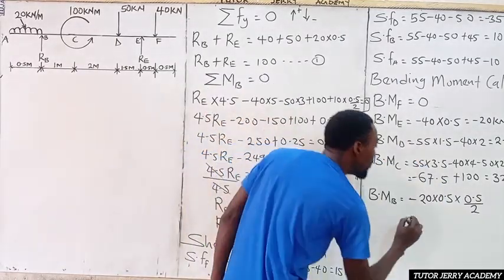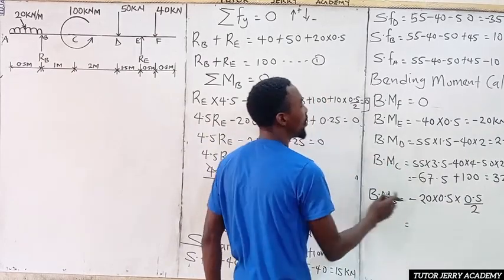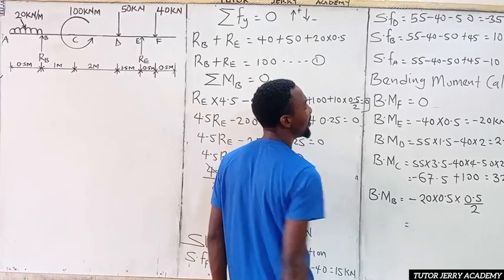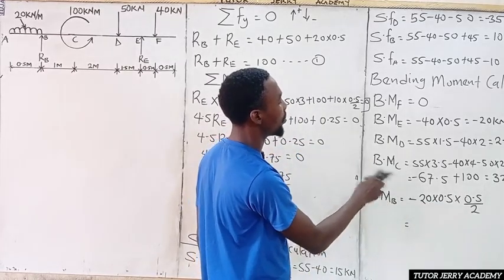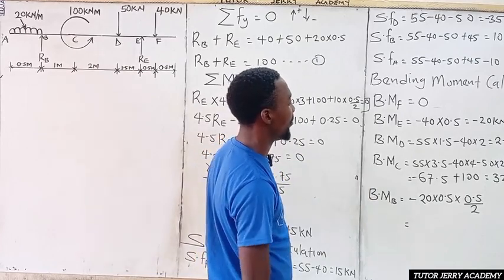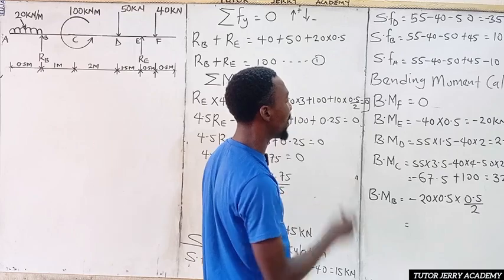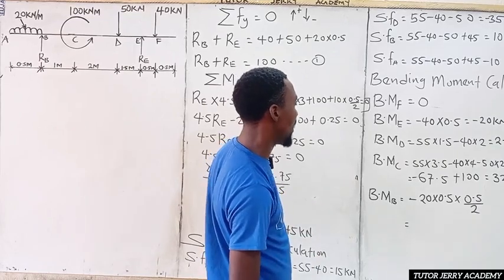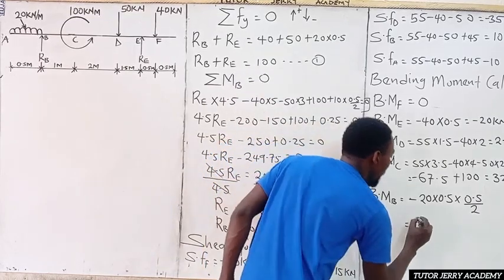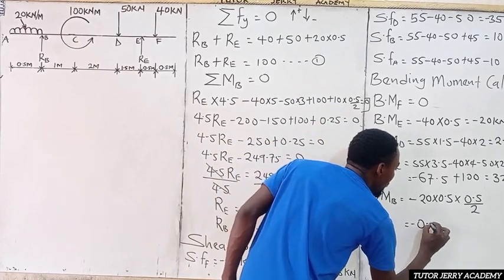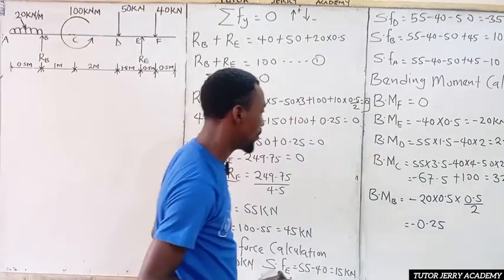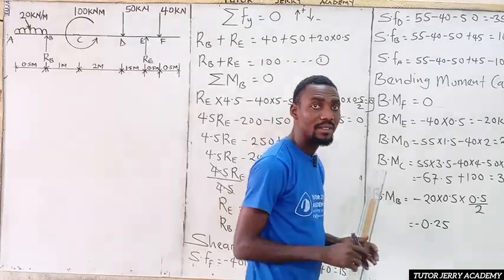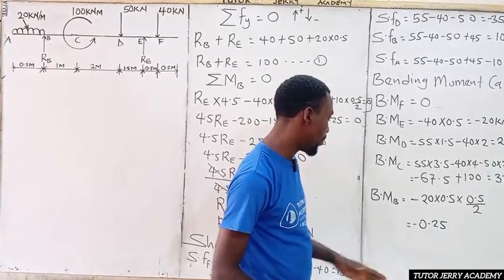So this is going to be equal to minus 20 multiplied by this, that is minus 10. Sorry, there's a little mistake here.